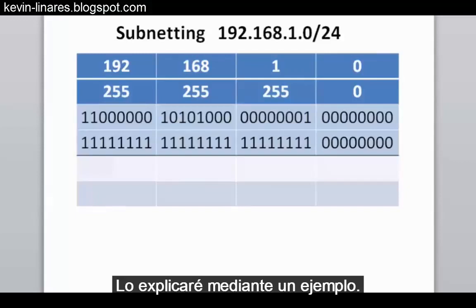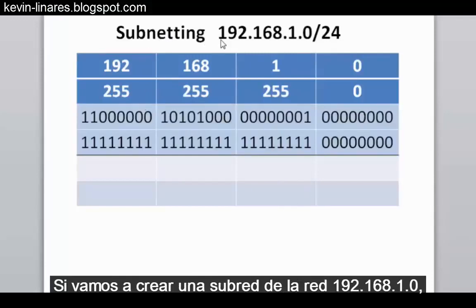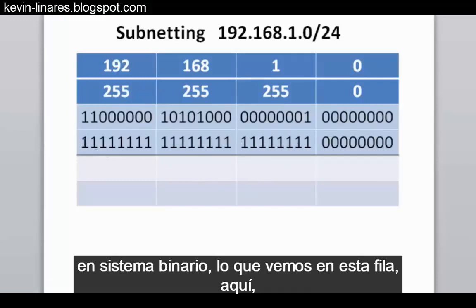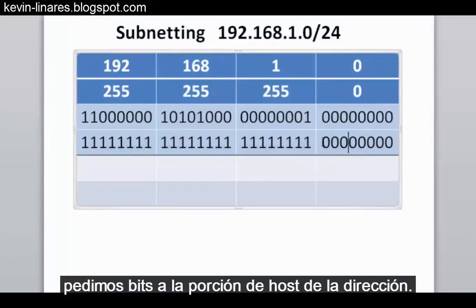Let's start with a classic Class C network like 192.168.1.0 with a /24 or 255.255.255.0 subnet mask. If we want to subnet this 192.168.1.0 network, what we need to do is go into the subnet mask in binary, which we can see on this row right here. To change the subnet mask, we borrow bits from the host portion of the address.